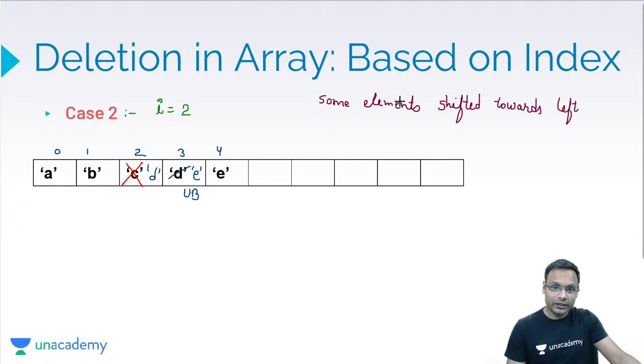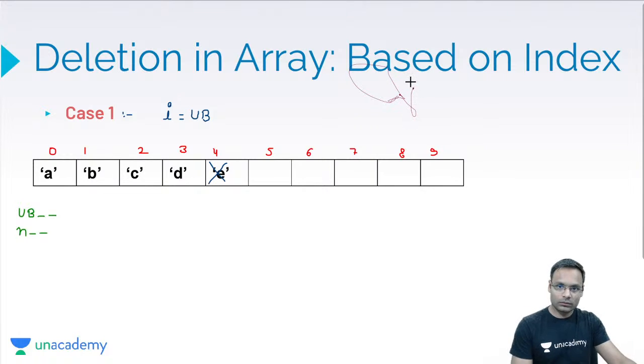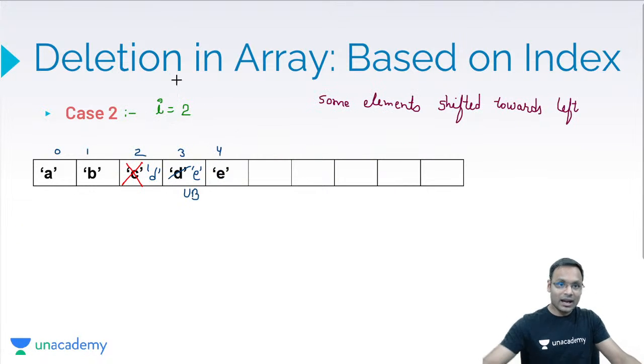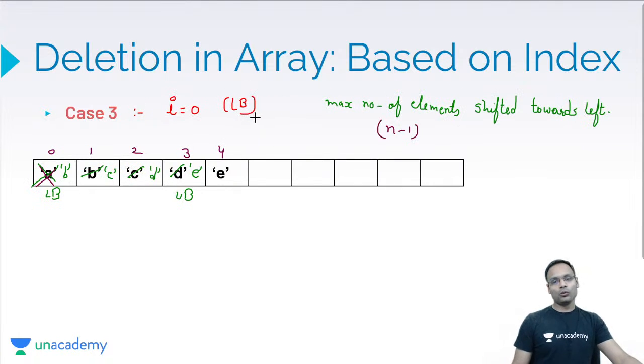No, no shifting of elements required. So in this case I is equal to upper bound. Here I is neither upper bound nor lower bound. I is lesser than upper bound but greater than lower bound, and here I is equal to lower bound.